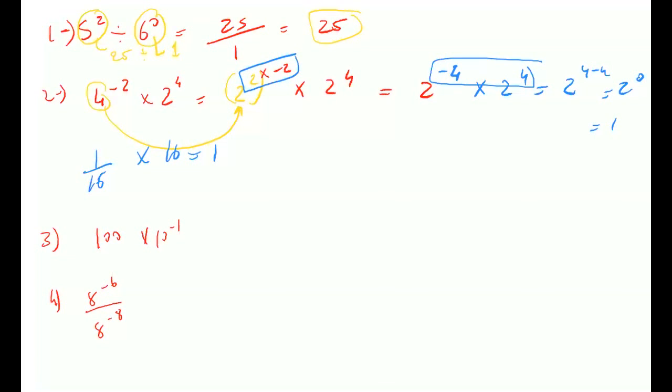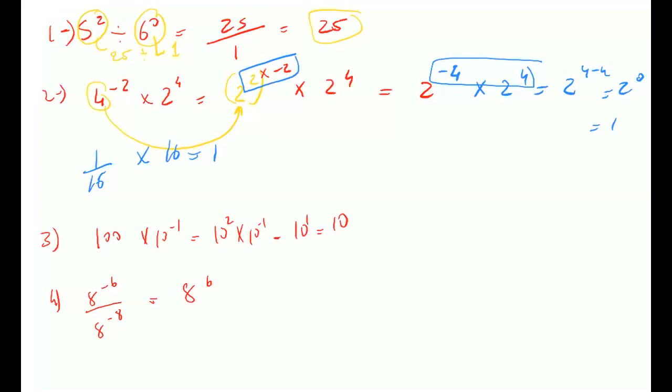Can you solve 3 and 4? So 10 squared times 10 power negative 1 is equal to 10 power 1. So this is a bit tricky.